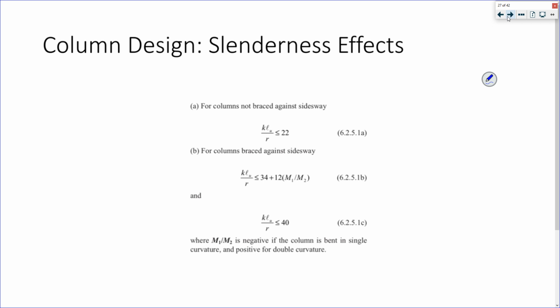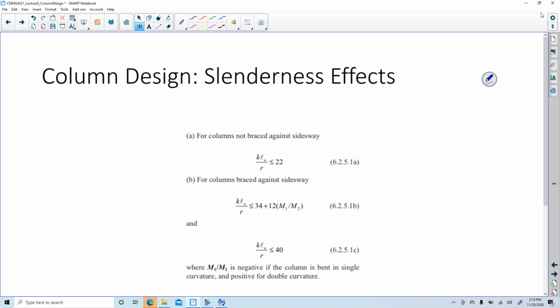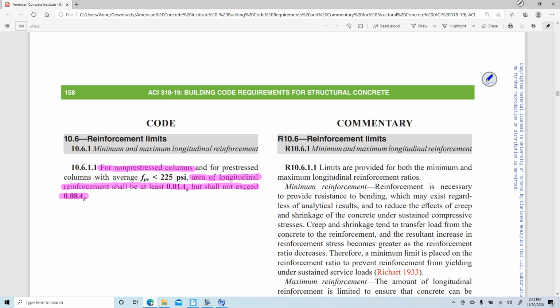So slenderness. In steel design, right? We had to talk about slenderness, and we wanted to brace it, for buckling and all that. ACI talks a little bit about slenderness.